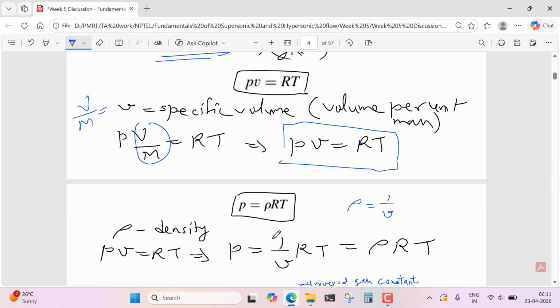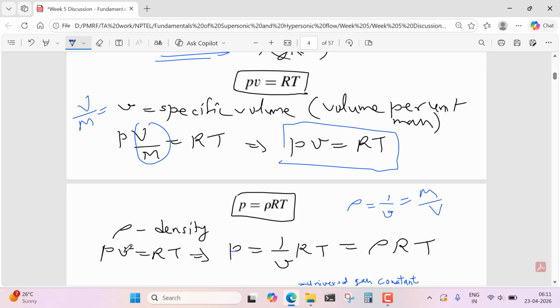Now we see another form, which is in terms of density. Density is equal to 1 upon v, 1 upon specific volume, or you can say mass upon volume. We already have our form Pv equal to RT, so we directly use that.